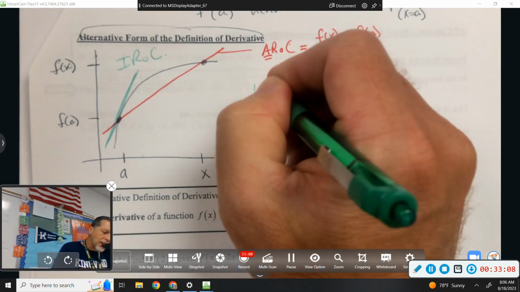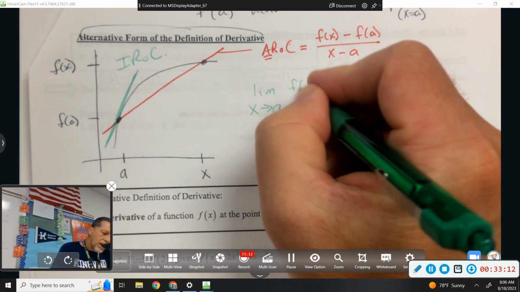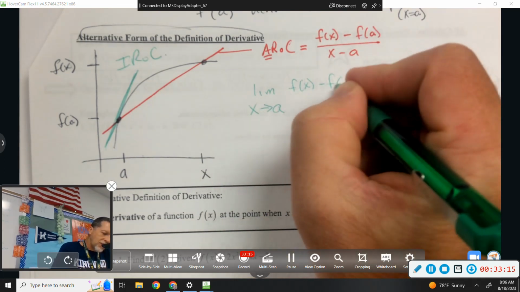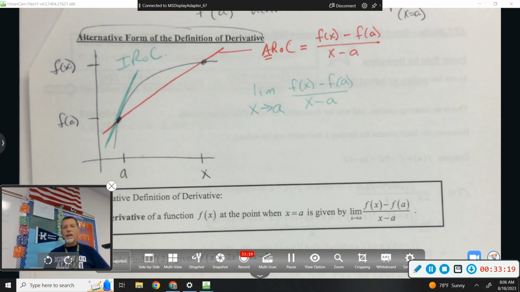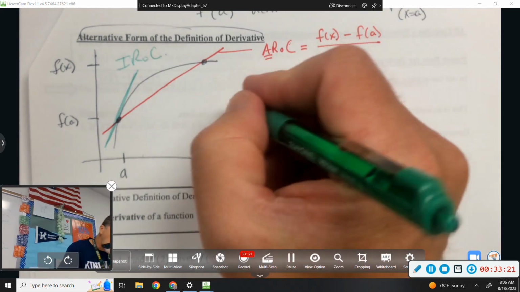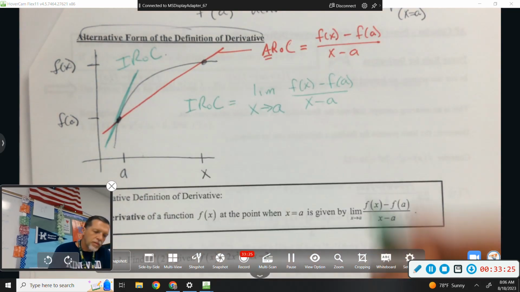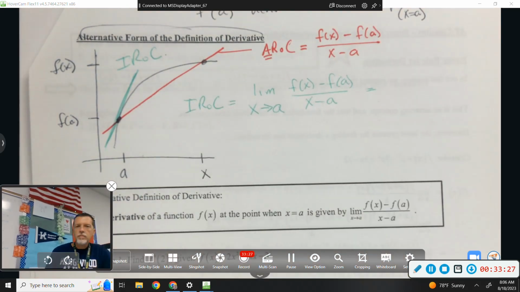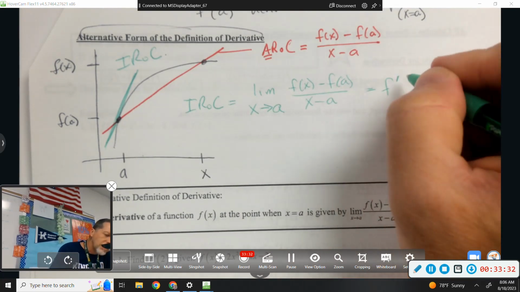So the limit as x approaches a, and then it's just the algebra slope, except that we're letting x go to a. So that becomes our instantaneous rate of change, but at a certain point, at a specific point. So that's the derivative of f at a.